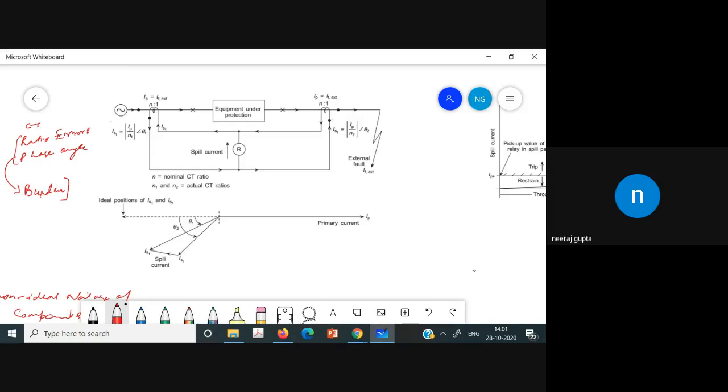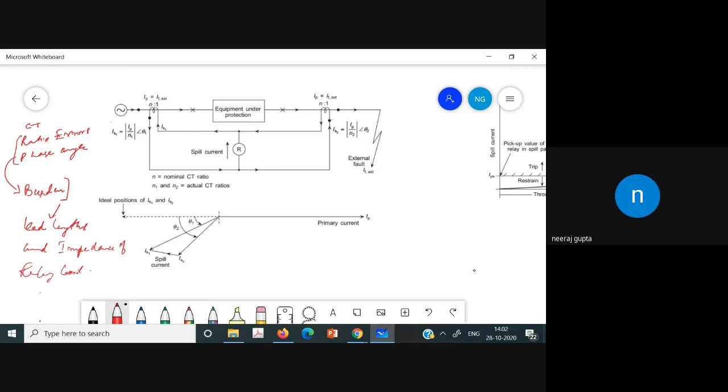And this burden in turn depends upon the lead lengths and the impedance of the relay coil.